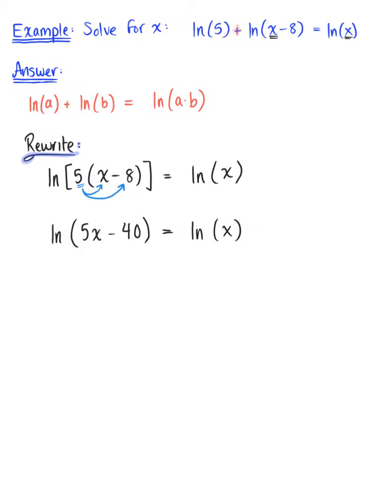So, now that we have one single logarithm on the left and one single logarithm on the right, we can apply that inverse property. So we are going to apply the natural exponential to both sides of this equation to remove the natural logarithm.